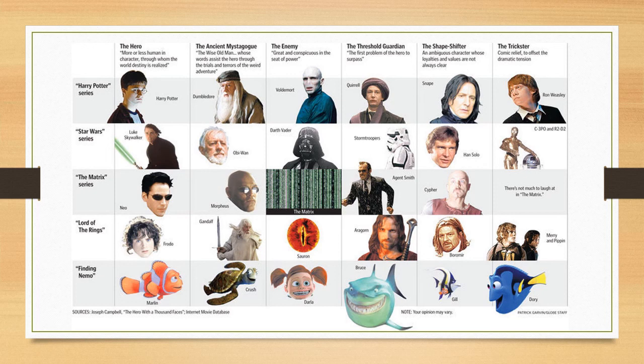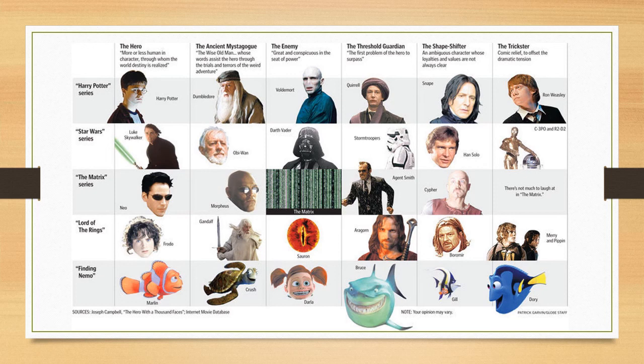In addition to the plot structure that Joseph Campbell proposed in his work about the hero's journey, in those types of plots we can also see different types of characters that are part of these stories: the hero, the old wise man, the enemy, the big bad guy, the threshold guardian, the shapeshifters, and the tricksters. Kind of cool stuff if you're into it.